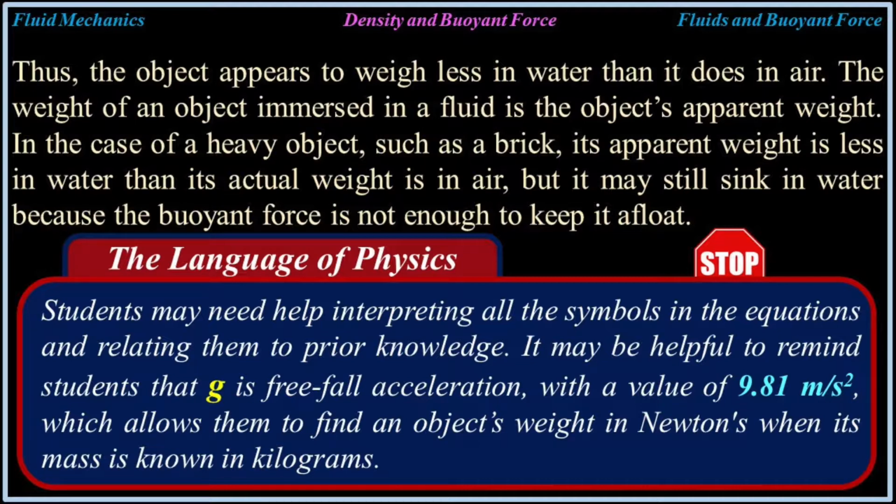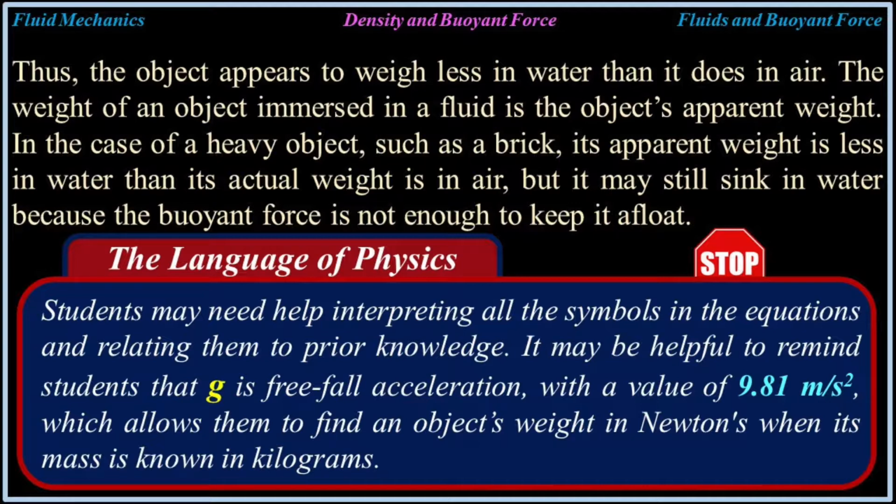The weight of an object immersed in a fluid is the object's apparent weight. In the case of a heavy object, such as a brick, its apparent weight is less in the water than its actual weight is in air. But it may still sink in water because the buoyant force is not enough to keep it afloat.